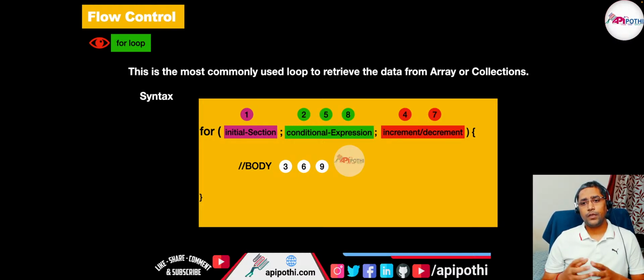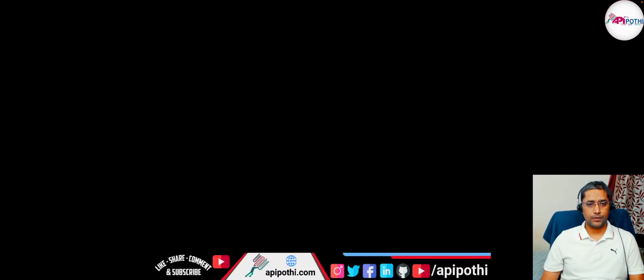Inside the for loop, meaning within the curly brackets, we have the body where we are doing our business operations. Clear? So this is the basic syntax. We will understand this one again. Okay, don't worry.